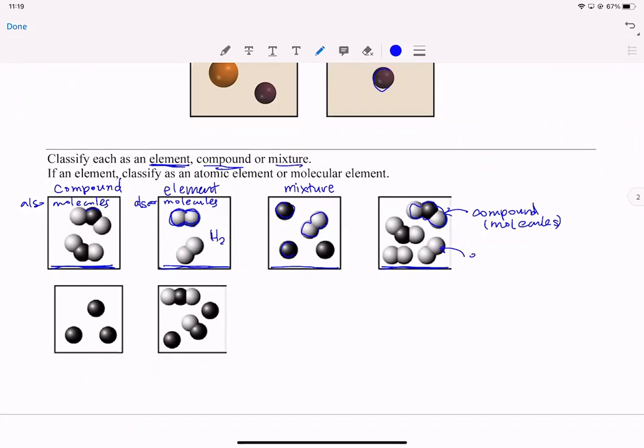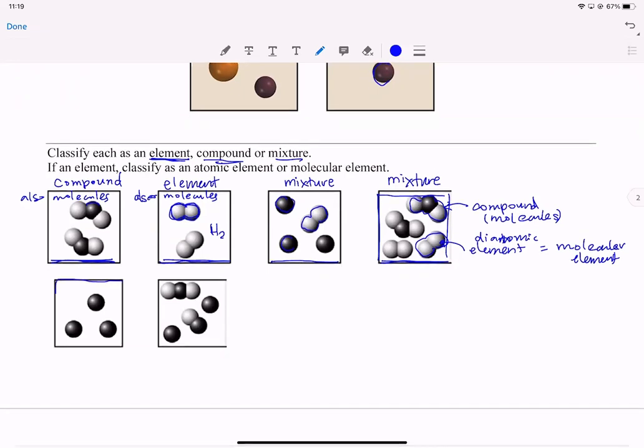This is an element, that's that diatomic element. The diatomic element is officially called a molecular element. There are two white atoms, two hydrogen atoms bonded together, and that's a molecule. And because they're not all of them bonded together, the entire box is called a mixture. You have a mixture of a compound with an element.